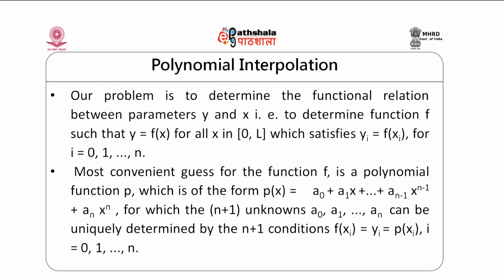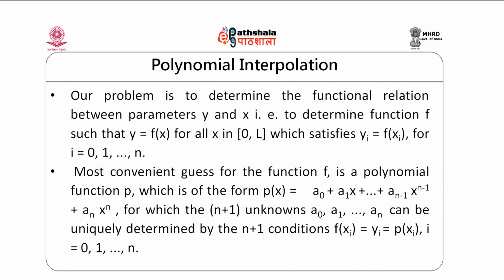The most convenient guess for f is a polynomial p of the form p(x) equal to a0 plus a1 x plus up to a(n-1) x raised to n minus 1 plus an x raised to n, for which the n plus 1 unknowns a0, a1, a2, a3, ..., an can be uniquely determined by the n plus 1 conditions given by f(xi) equal to yi, which we consider equal to p(xi) for i equal to 0, 1, 2, 3 up to n.